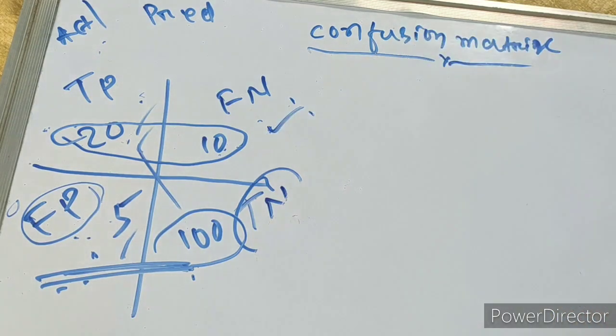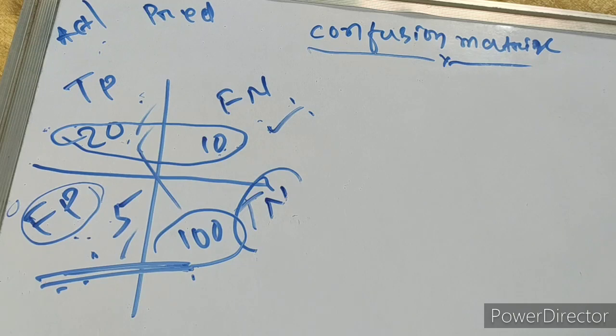agency or in a medical setting, we have found false negative is higher. False negative is, we are predicting that the person does not have diabetes. We are again taking the example of diabetes. We are predicting that the person does not have diabetes, but actually the person has diabetes.